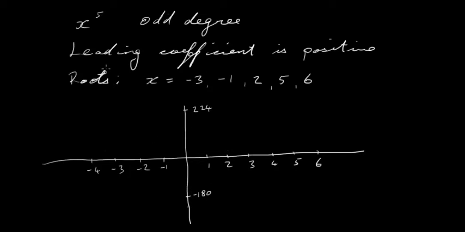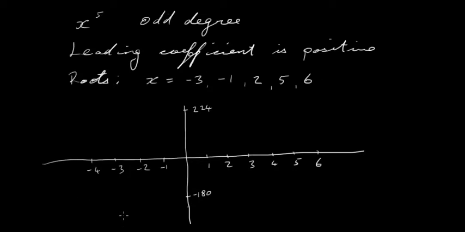Now, we know that we've got an odd degree, which means one arm is going to point up, one arm is going to point down. So because our leading coefficient is positive, the right arm is going to point up. So it's going to start down here somewhere and we'll work our way up to here.